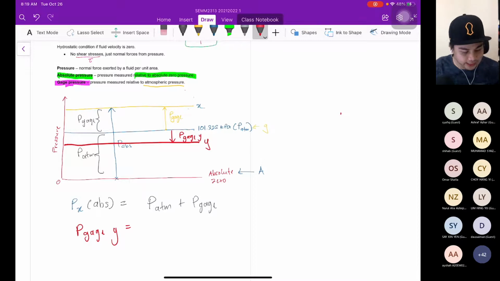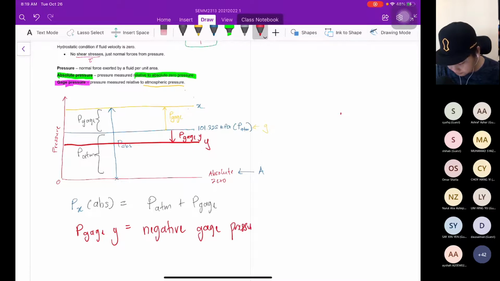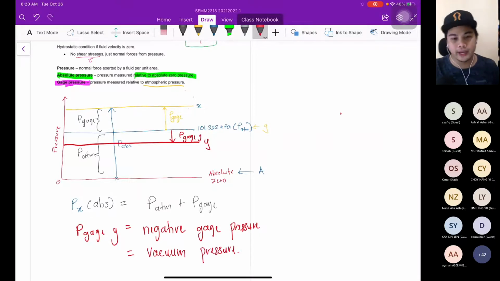It is a negative gauge pressure. In other words, P gauge of Y is a vacuum pressure. When the pressure is below the atmospheric pressure, we consider it a vacuum. So far, does everyone understand? Clear about this?